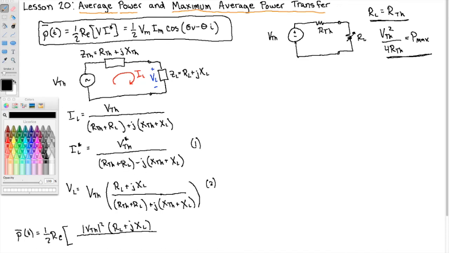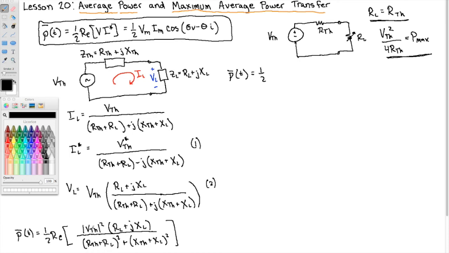Alright, now notice the denominators when I multiply 1 and 2. I've got the complex conjugate, so this we've been doing a lot. I encourage you to FOIL this thing out, but what you get is the magnitude squared: R Thevenin plus RL squared plus X Thevenin plus XL squared. Alright, moving right along. I need 1/2 times the real part of this.